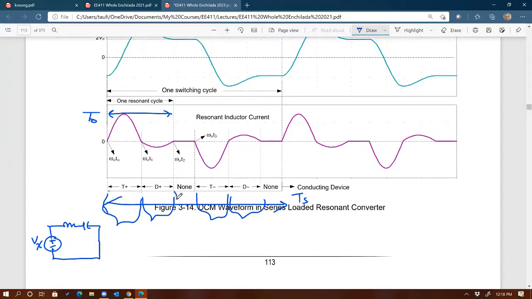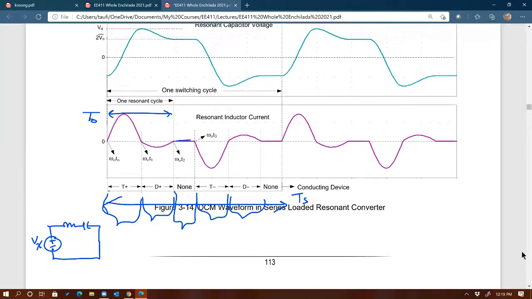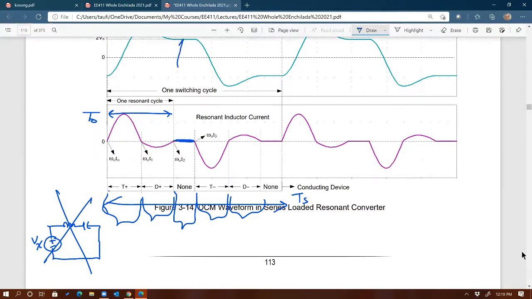During the time when none is conducting, it's not going to be resonant anymore, right? I mentioned that last time, but I forgot to explain what kind of circuit we have there. So when no device is conducting, you're not going to have this resonant circuit anymore, of course, because you can see that's 0 amps, right? And the voltage across the cap is just flat.